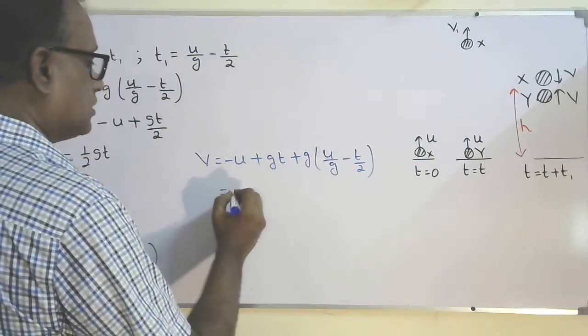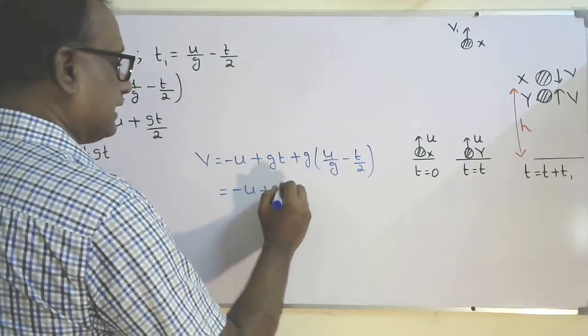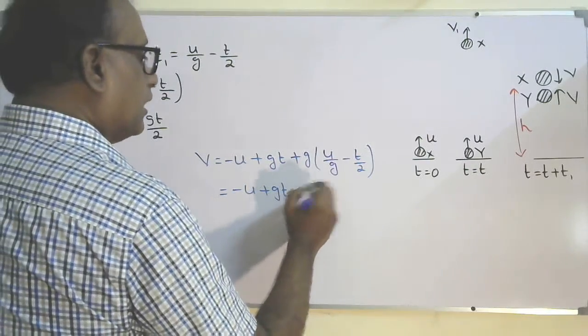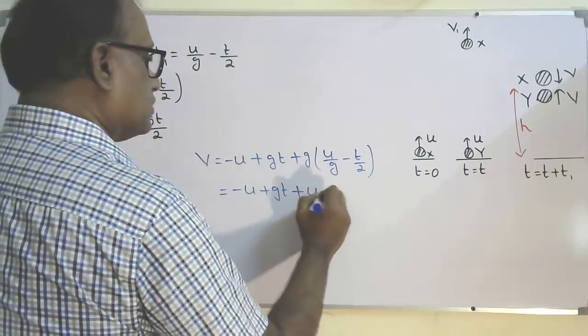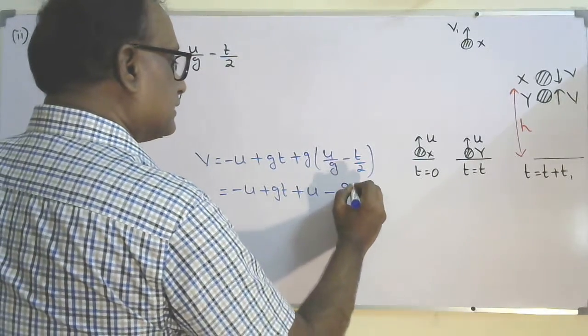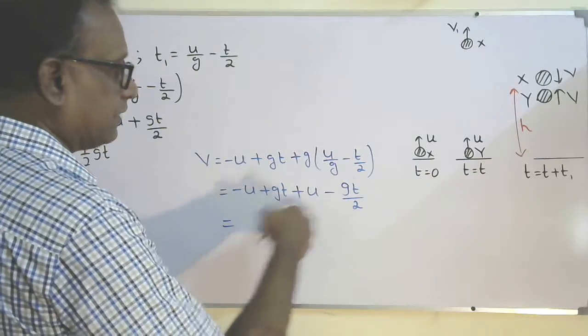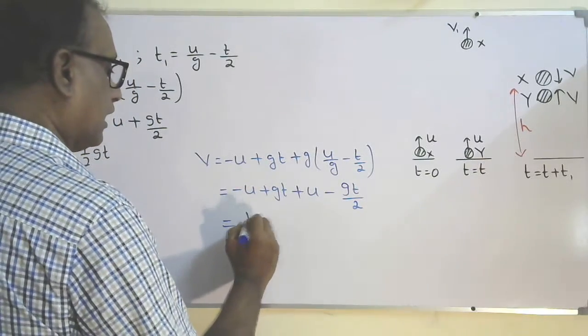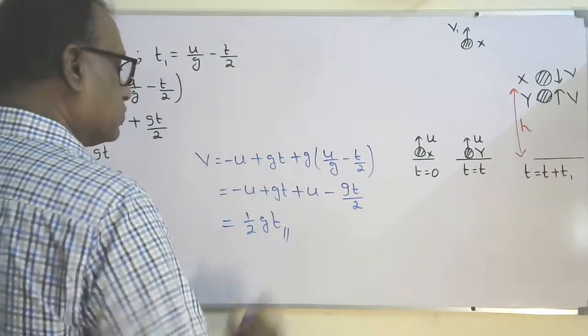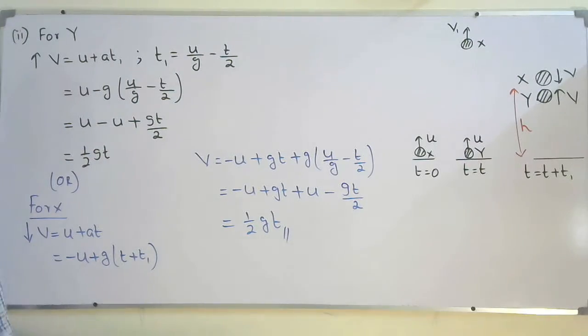Solve it. So minus u plus gt, plus g and g get cancelled, plus u minus gt by 2. So they will get cancelled. gt minus gt by 2 will be half gt. So the answer will be the same.